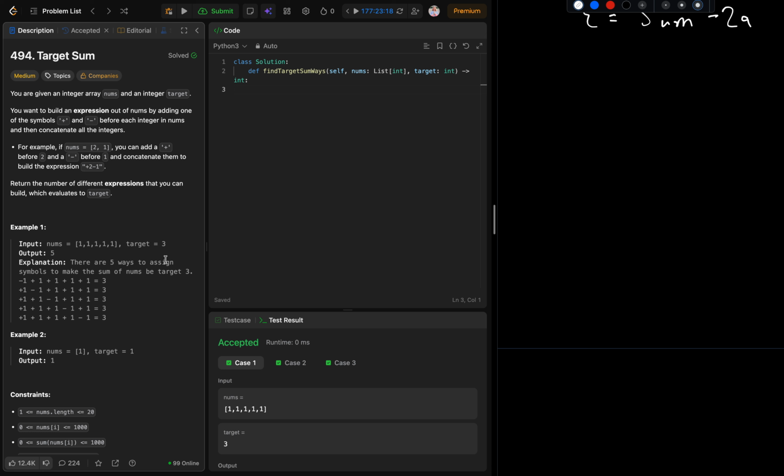But I was reading up the solution from ChatGPT, and basically we know that for our positive numbers, P represents the numbers that we pick that are positive, and then N is the numbers that we pick to be negative. Their difference equals our target.